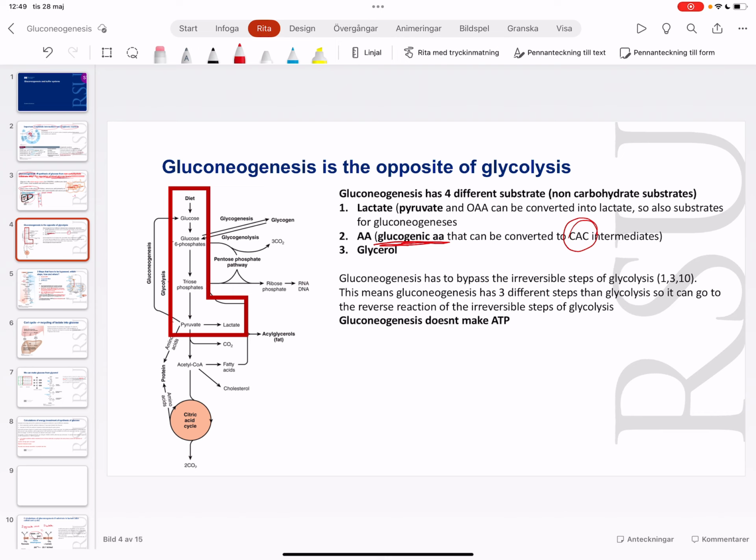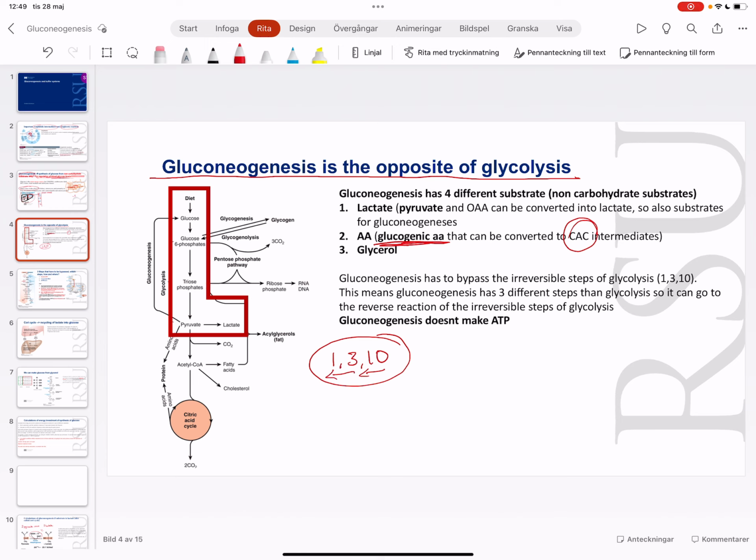If you remember from glycolysis, there are 3 steps that are irreversible: step number 1, step number 3, and step number 10. When we say that gluconeogenesis is the opposite of glycolysis, this means that these 3 steps we have to overcome, even though in glycolysis you cannot bypass them.